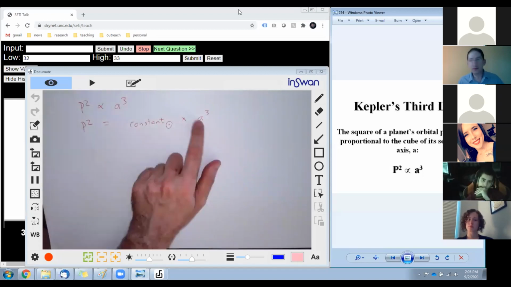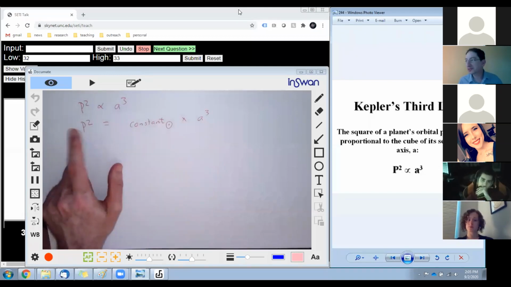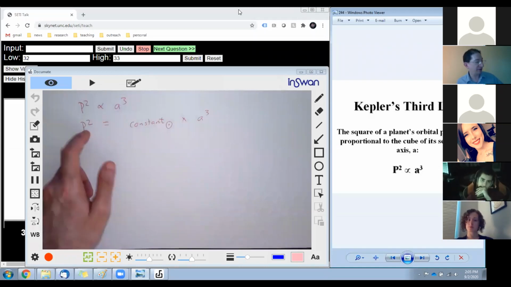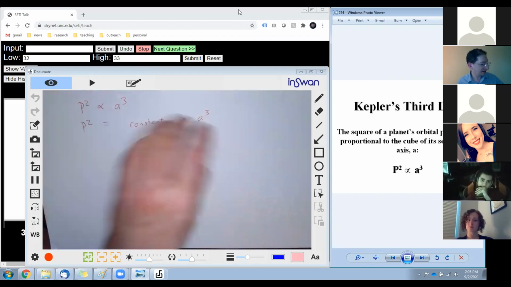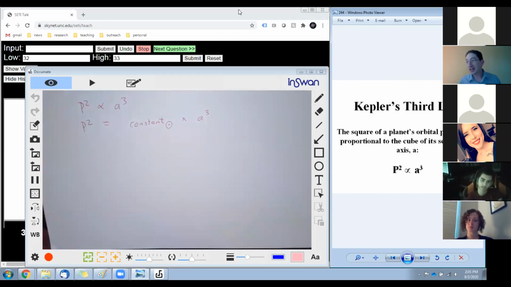Well, you'd probably have to convert that AU to the MKS system, meters, because this constant's probably in MKS units. And it would come out in seconds, take a square root, and so you get the orbital period in seconds. Then you got to convert to years. So we have a unit conversion, a calculation with a constant, another unit conversion. Lots of opportunities for mistakes, but that's what you're used to, and plug and chug.